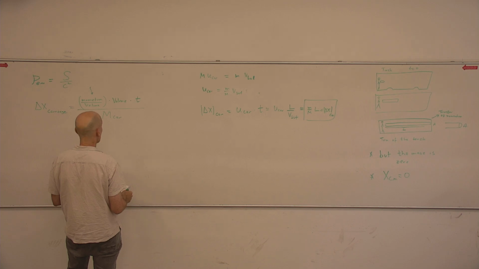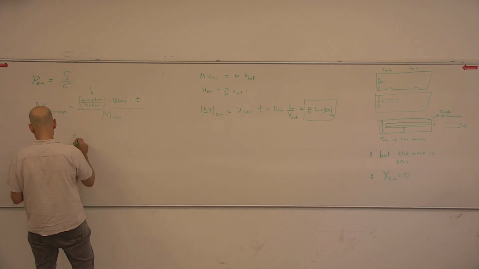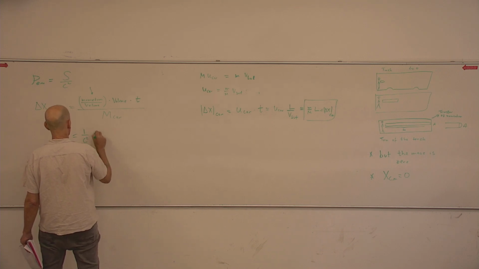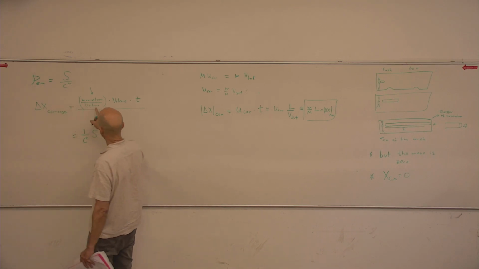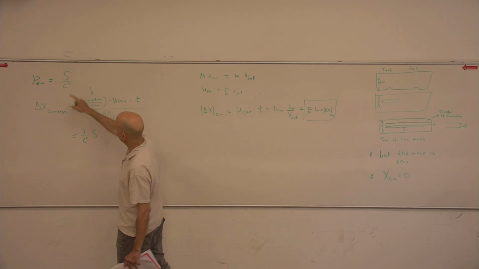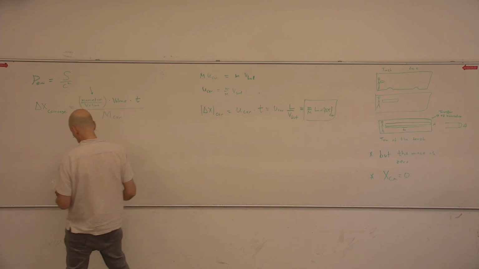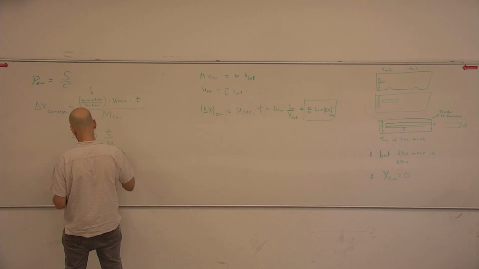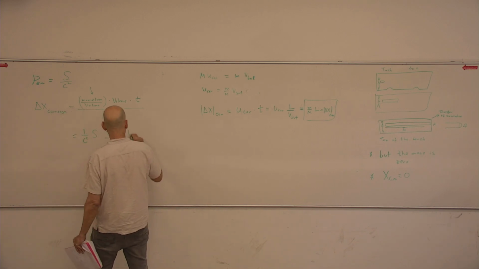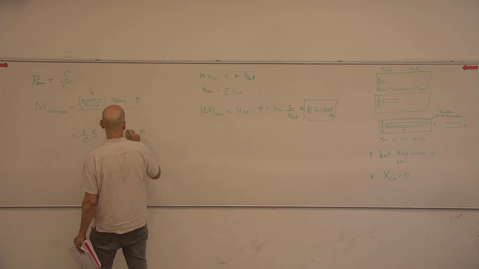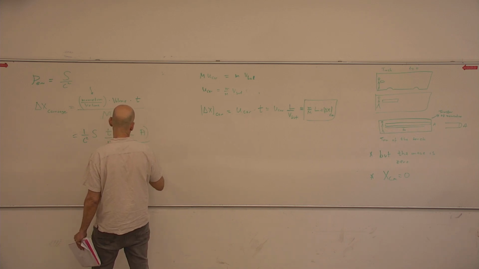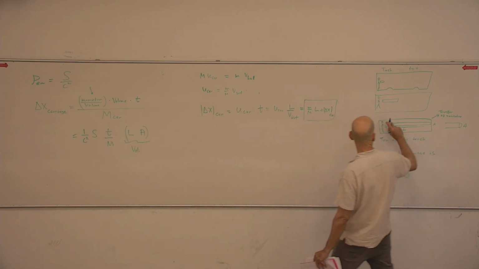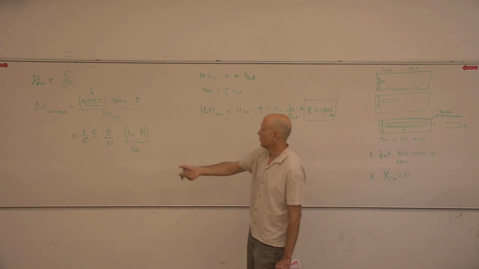So now let us see what this is. This delta x is 1 over c squared times S. That's the momentum per volume. This is this equation. I just put it here. Times the time divided by the mass, times L times A, that is the volume of this light beam.